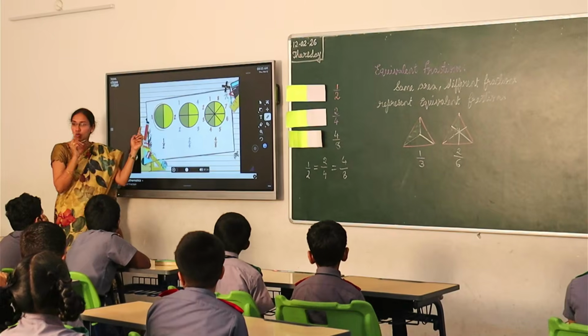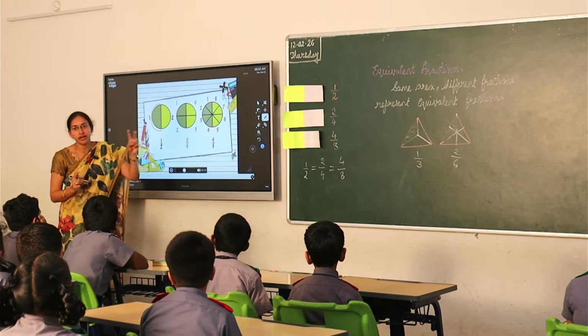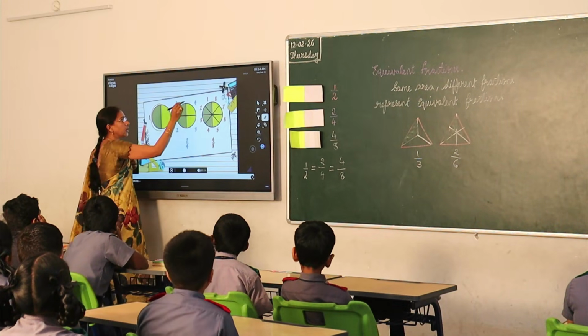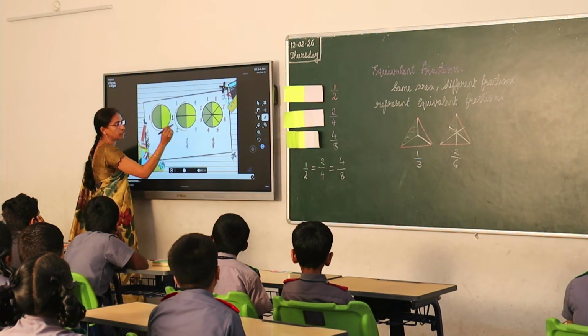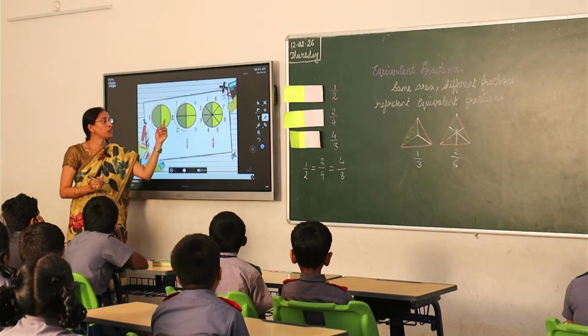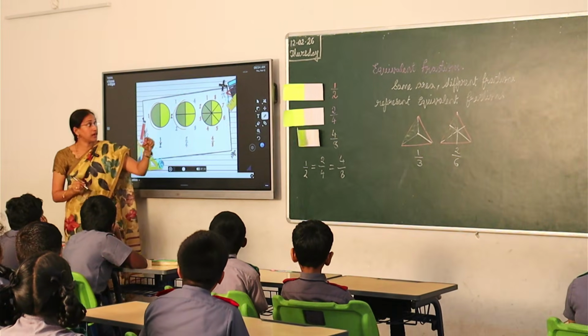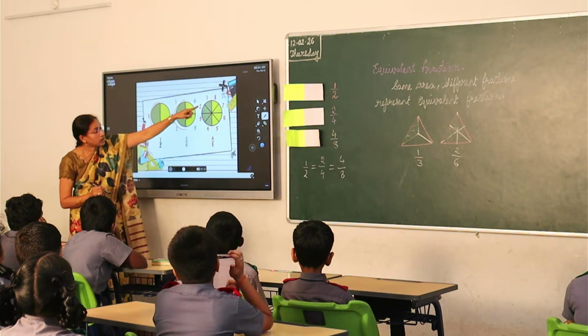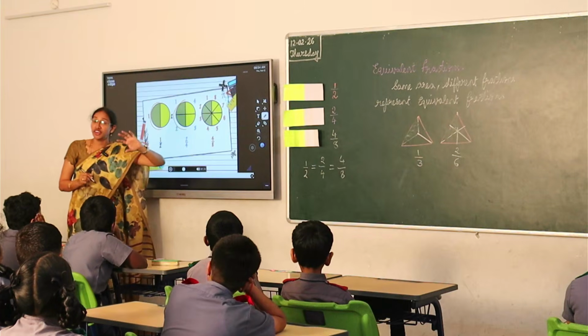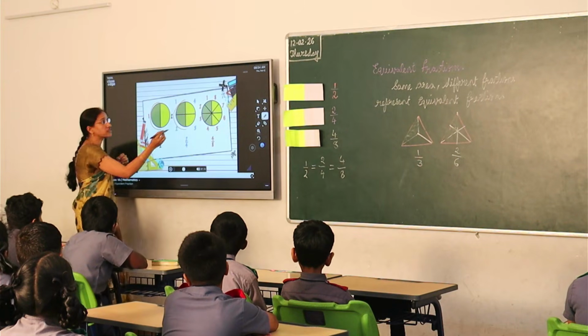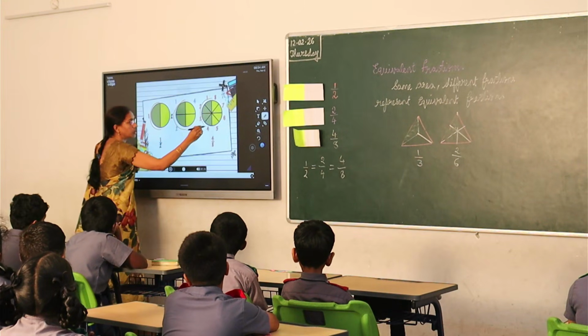So here, one part she ate, here she ate two parts. What is the amount she ate? This much amount, right? The same pizza mummy ordered the next day, but this time she divided it into eight equal parts. But she ate four equal parts out of these eight equal parts.